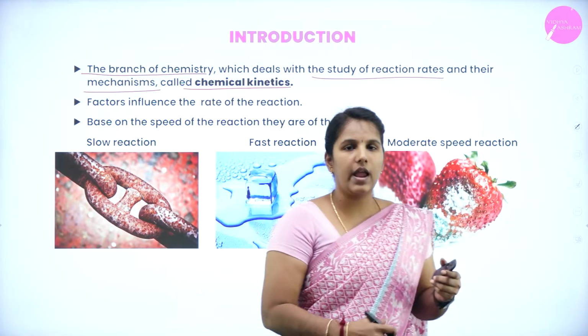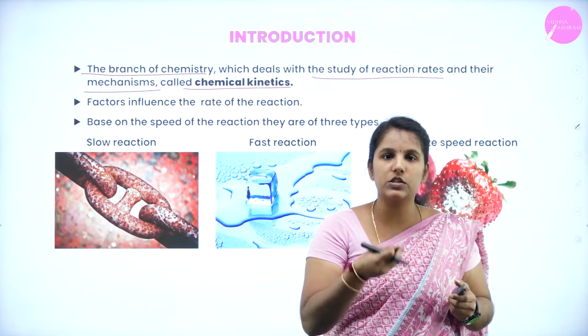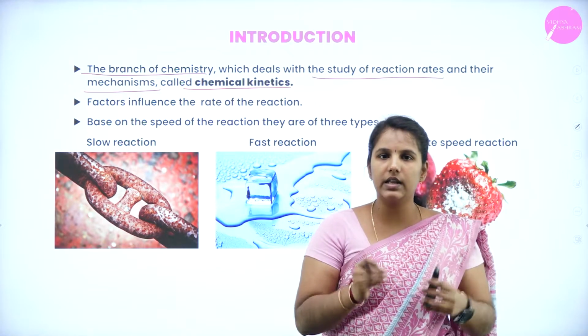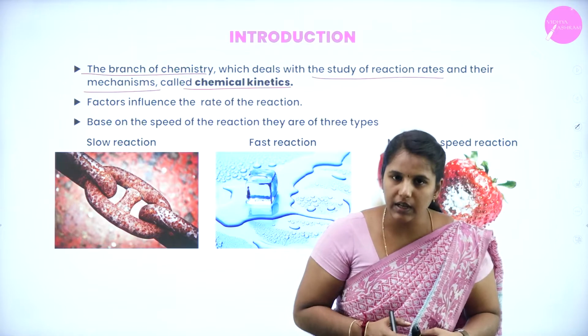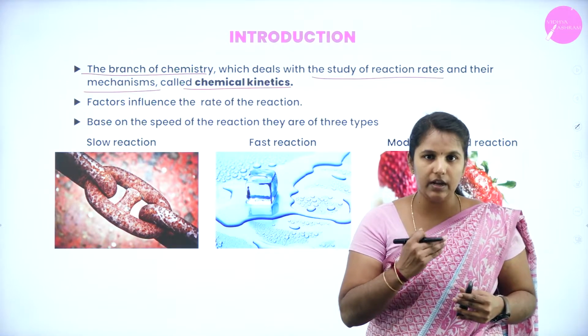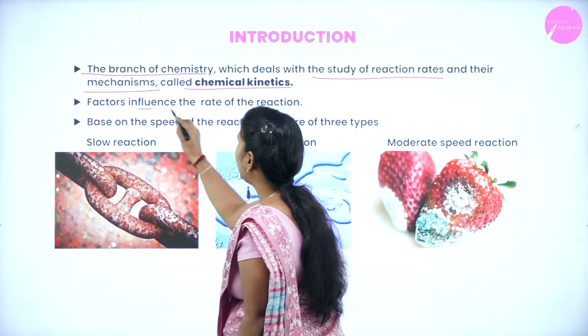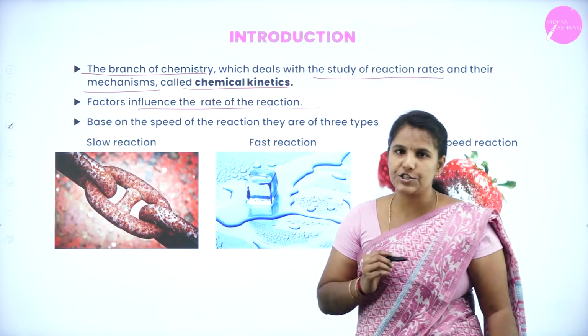At what rate and at what speed the reactions take place, that is studied in chemical kinetics. Not only do we understand the reaction rate, we also understand the factors that influence the rate of the reaction.